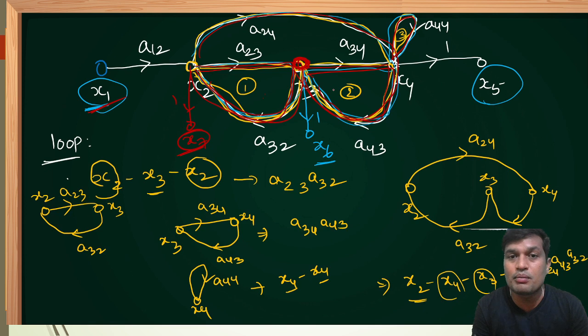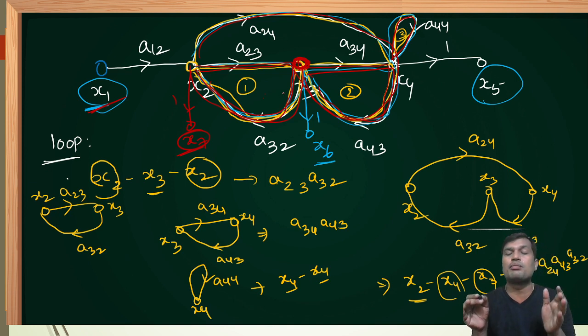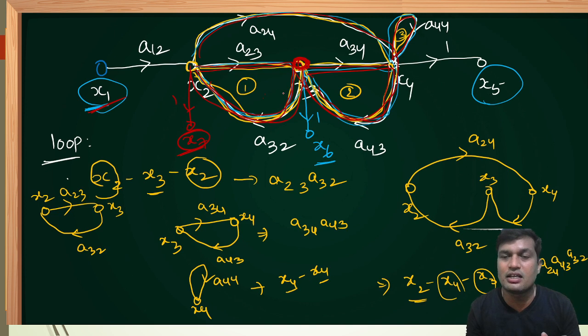When there is no common node between two individual loops, we can say those two loops are non-touching. When there is no common node between three loops, we can say three non-touching loop gains. When there is no common node between four individual loops, we can say four non-touching loop gains, and so on. I hope we have understood everything.